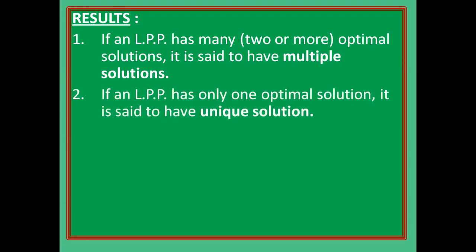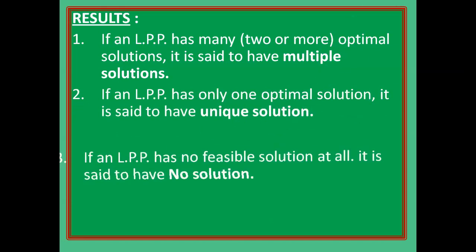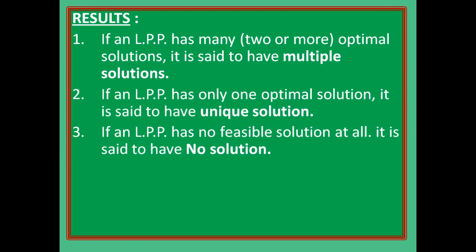If an LPP has only one optimal solution, it is said to have a unique solution. Quite an easier one. Then if an LPP has no feasible solution at all, it is said to have no solution.